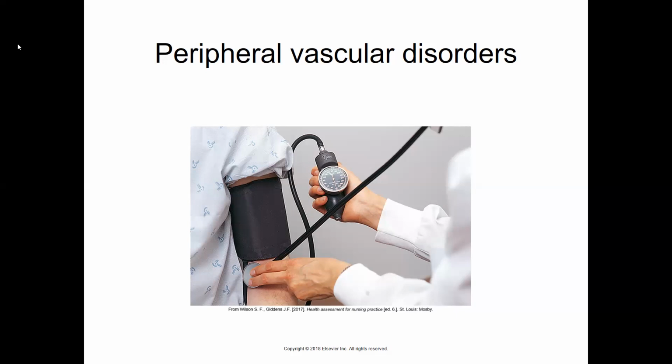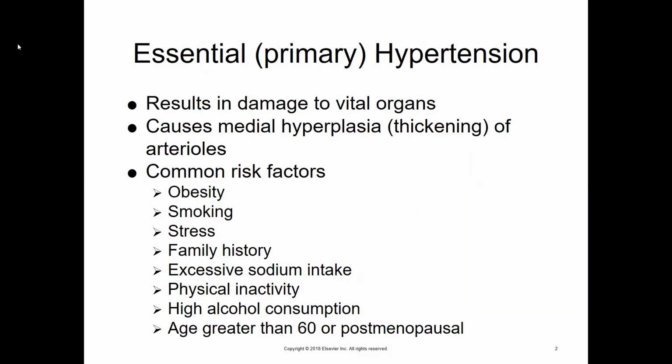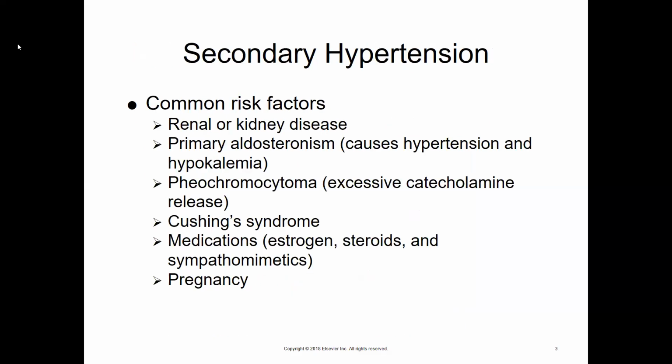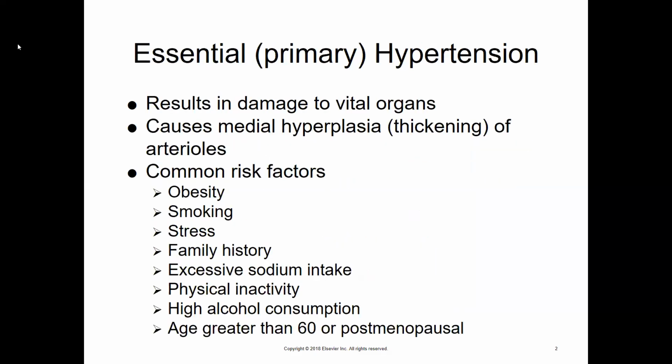All right, so peripheral vascular disorders. So I don't want to make a real big deal about essential or primary hypertension and secondary hypertension, but I want you to know the difference, and it's not real difficult to understand.